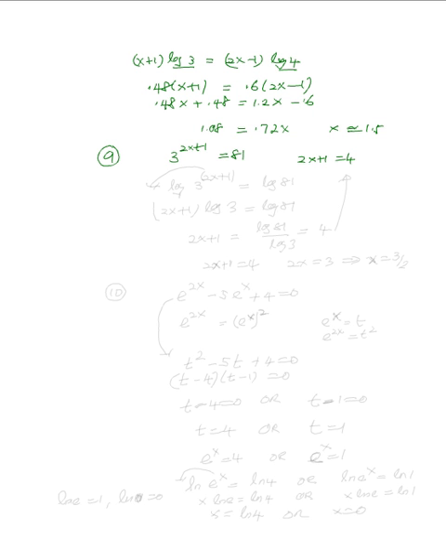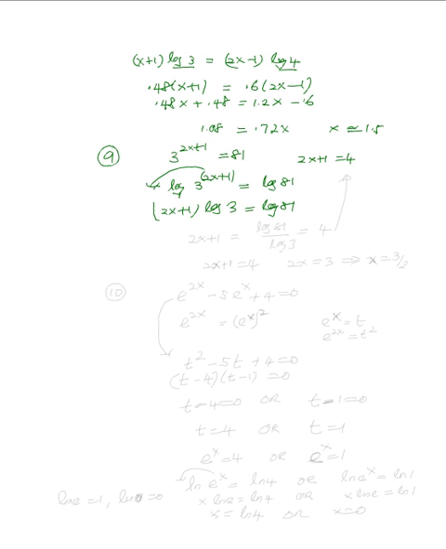Now, I wanted to use the idea of logarithms as we discussed here. So let's use log both sides. Log of 3 to the 2x plus 1 equals log of 81. Now again, we could move this 2x plus 1 as a coefficient. So we have 2x plus 1 times log of 3 equals log of 81.